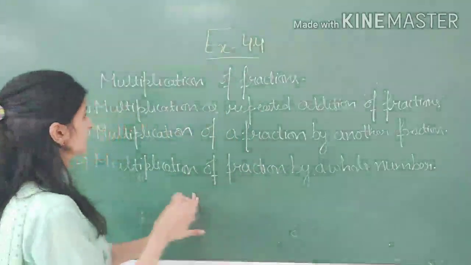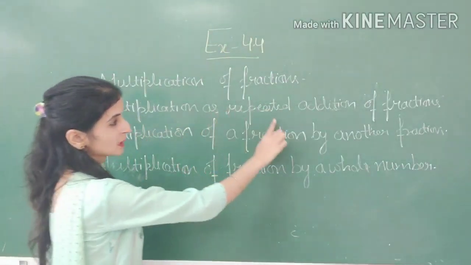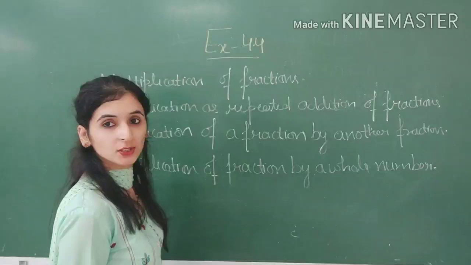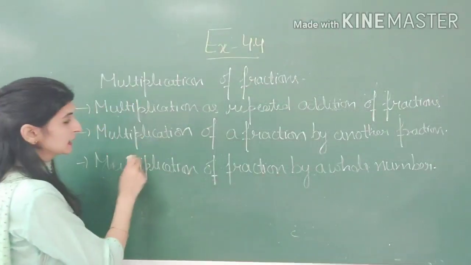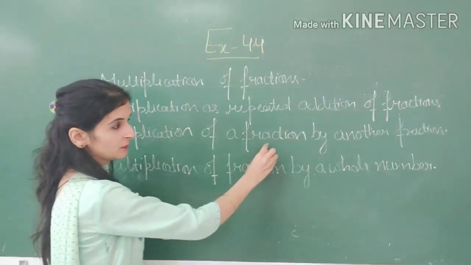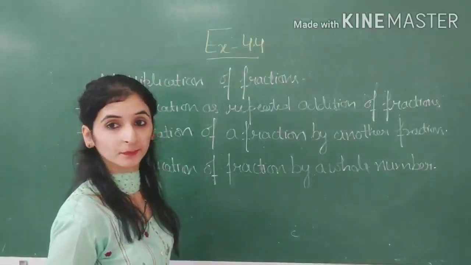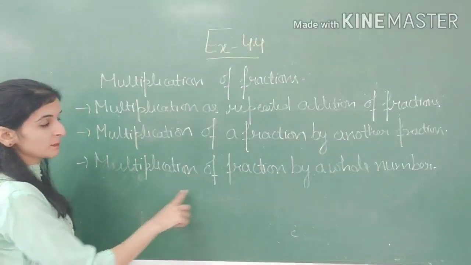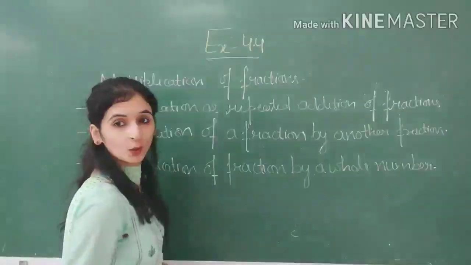The very first case is multiplication as repeated addition of fractions. Then multiplication of a fraction by another fraction. After that we have multiplication of a fraction by a whole number.